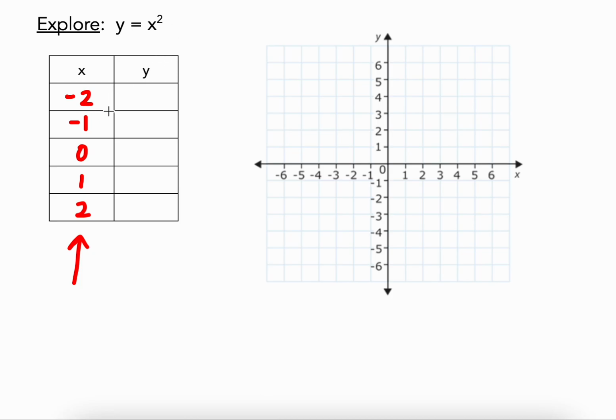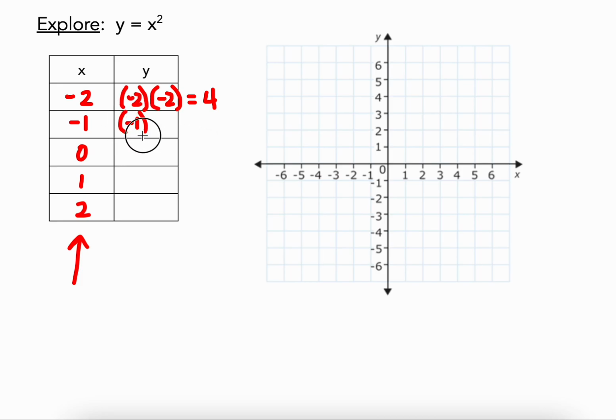Okay, so according to my equation, y equals x squared. When x equals -2, I'm going to go ahead and square my x to figure out my y value. Squaring just means to multiply by itself. So this is -2 times -2, which is going to cancel out to become a +4.